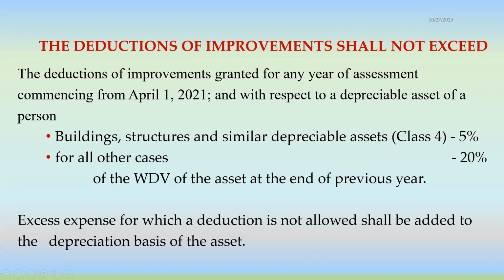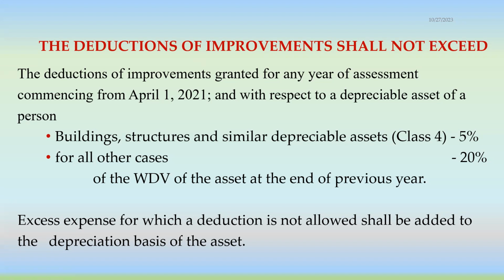That means we can incur expenses for the depreciable assets, and for the purpose of this, depreciable assets are divided into two. One, depreciable assets classified under class 4. Depreciable asset classification is provided under schedule 4 of the Act.